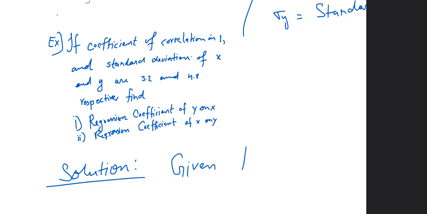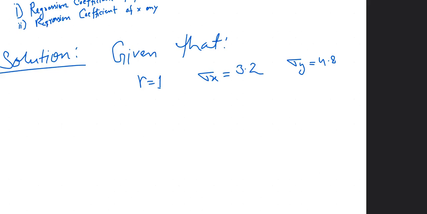So they have given us r, that is 1. Given that r is equal to 1, sigma x is equal to 3.2, and sigma y is equal to 4.8. Now we need to find bxy and byx.